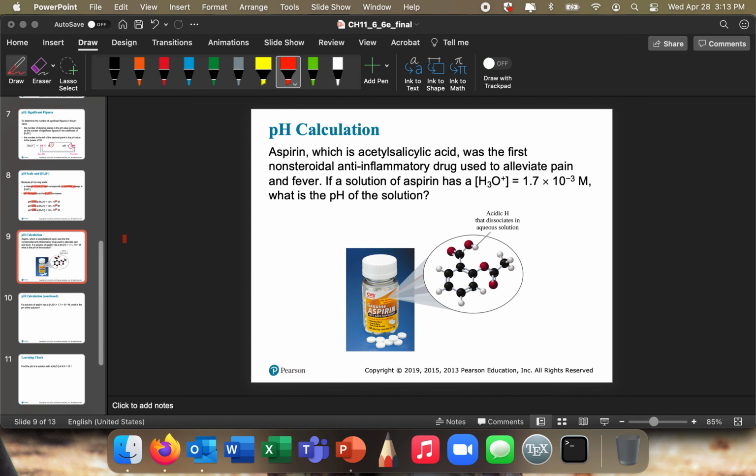I'm sort of restating what we've said a couple times now. All right, so let's calculate one. Aspirin, acetylsalicylic acid, was the first NSAID drug used to alleviate pain. If a solution of aspirin has a hydronium ion concentration of 1.7 times 10 to the minus 3, what's the pH? We're going to say pH is equal to negative log of the hydronium ion concentration.